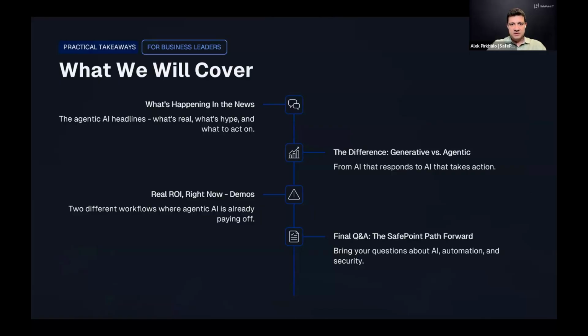Then I'm going to talk about the difference of generative versus agentic. Caden will have some slides to talk about it. Then Jared will have some demos, and at the end we'll have Q&As.